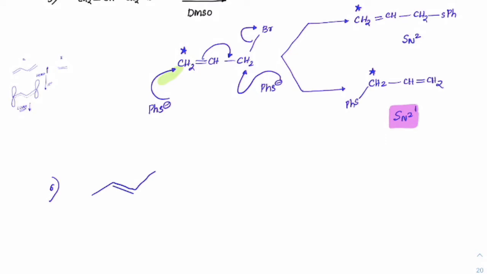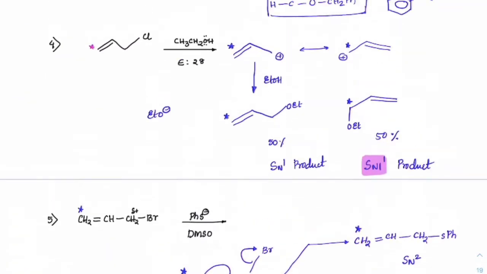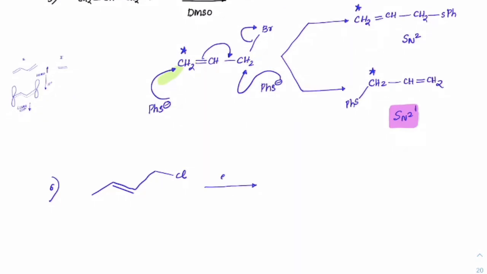Suppose there is a double bond here and a leaving group here, okay? And if we treat this with EtOH, we will get two carbocations here. One carbocation will be this way, the other one after rearrangement.